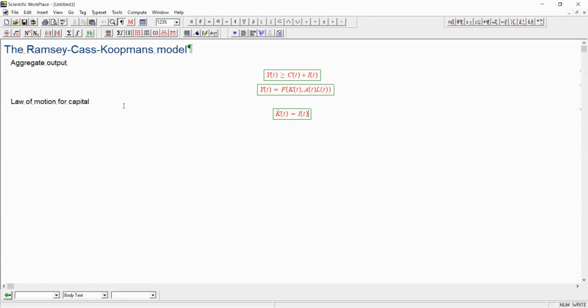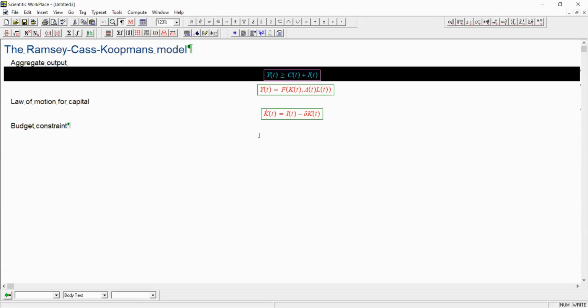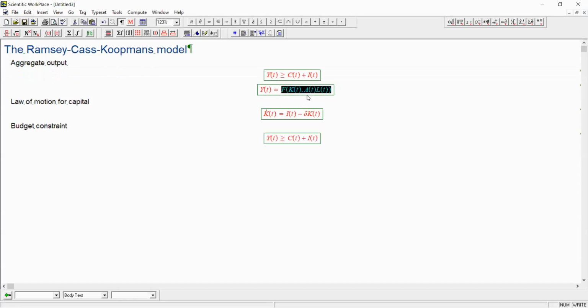The other is a flow out of the capital stock, which is depreciation. And depreciation occurs at a constant rate, so the flow of depreciation is delta times K. Now put these two together, and we get the budget constraint, which is simply this, replacing Y by F.